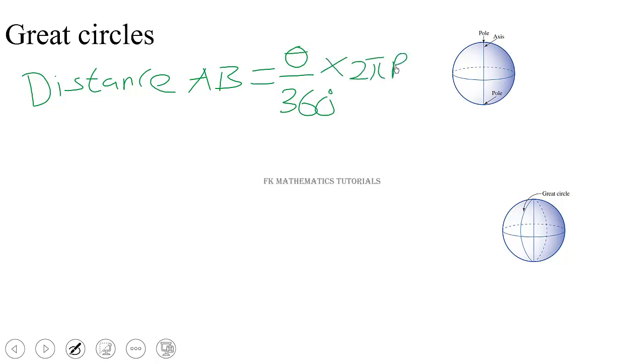We are going to use the big R in this case. The big R here is the radius of the Earth, which can be taken approximately as 6,400 kilometers.